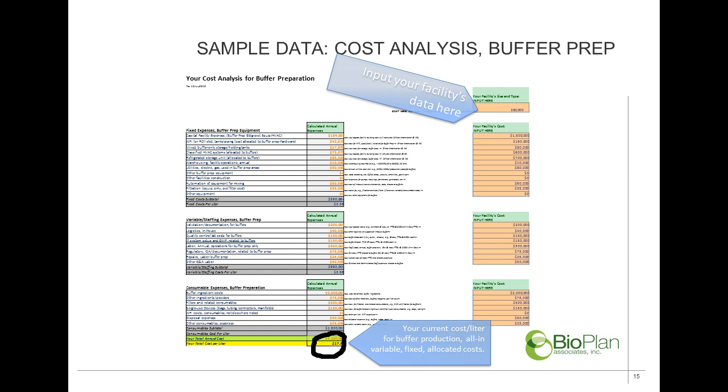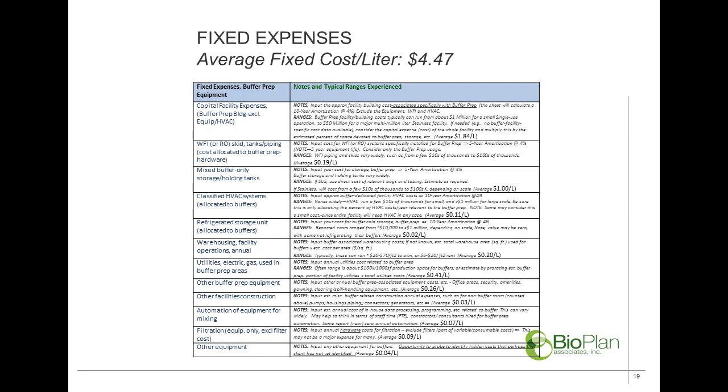To get to these numbers here on the side, the ones we talked about, to fill those blanks in, we found that many end users just did not know what their costs for their facility were. So what we wanted to do was make it, obviously, as we mentioned, every facility is different. So making a model that fits all sizes is just not feasible. So what we wanted to do was identify the fixed costs and fixed expenses associated with the production of a liter.